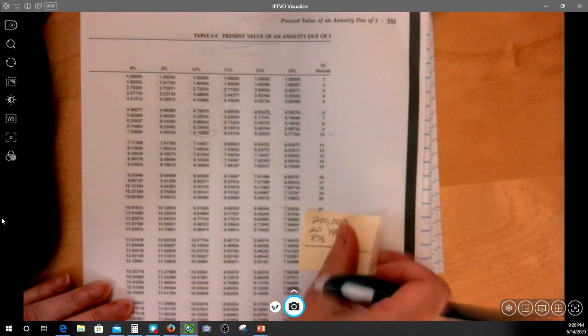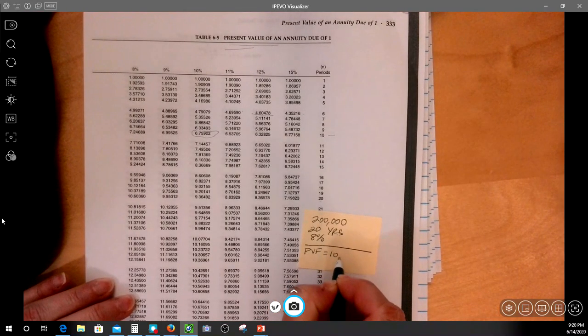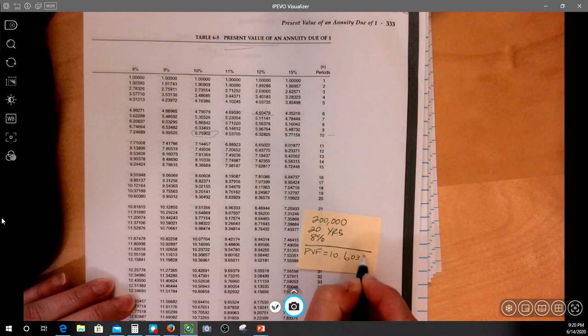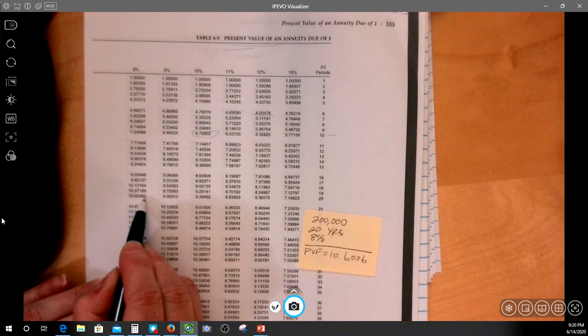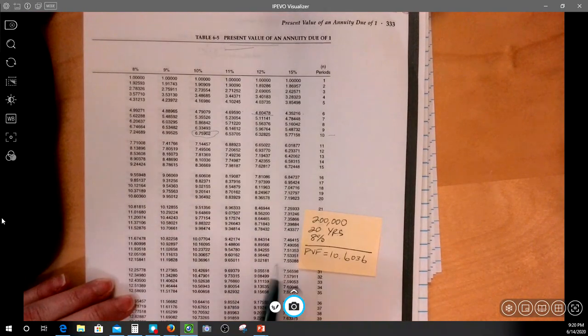Here's 20 periods. We're going to turn the page. So 20 years at 8%, and the present value factor is 10.6036, right here. That's our factor that we're going to use.